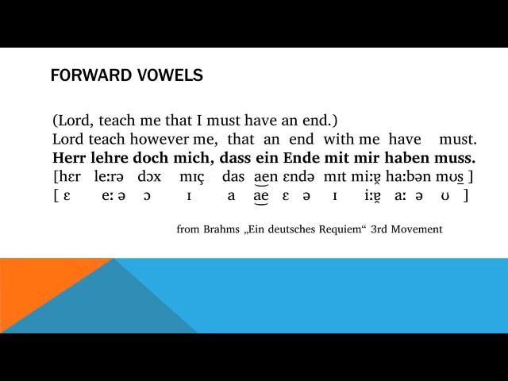Then this one we haven't gone over, but it's aw. Next one, I, I, I, O. Now take a moment, pause the video, and go through all those very slowly.